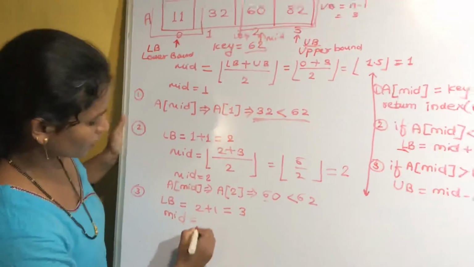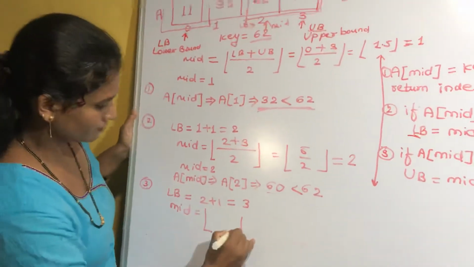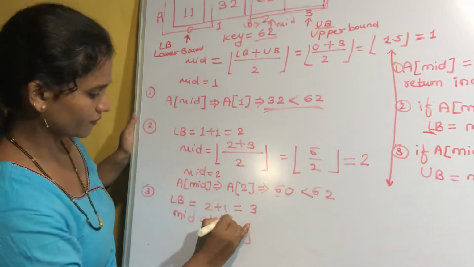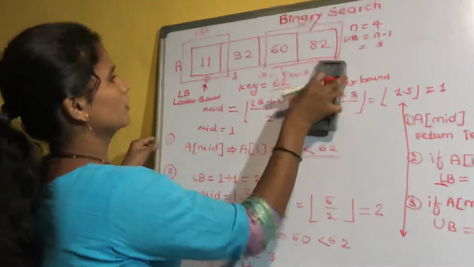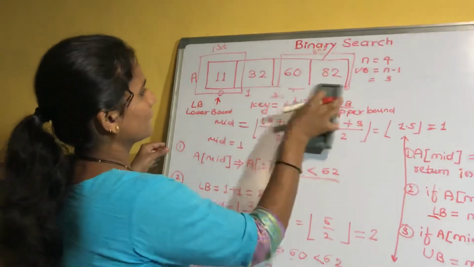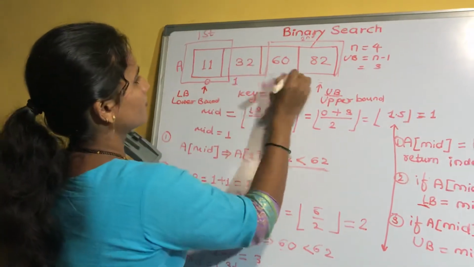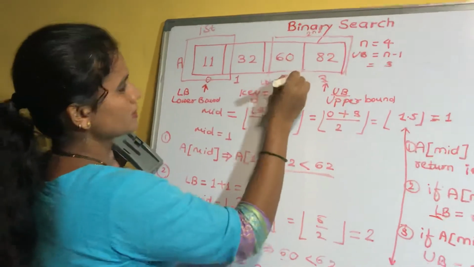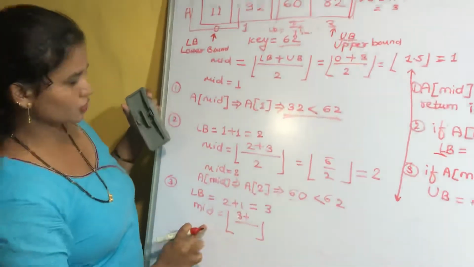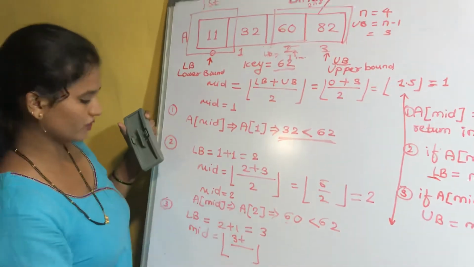Let me show you. This is 2 and this is 3. This was our mid first. Then according to this condition, we are going to calculate the value of mid again.